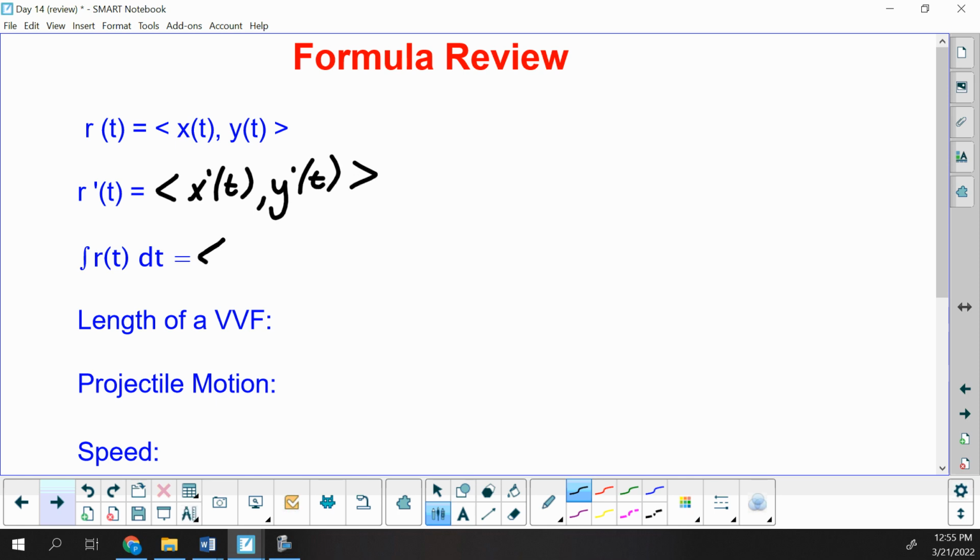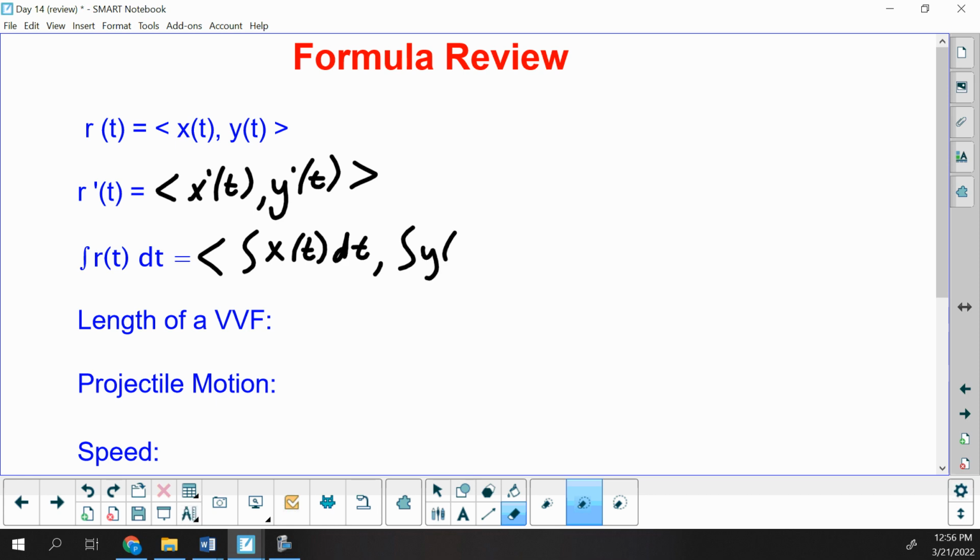If you're doing the integral, you just do the integral of each part. Just keep in mind when doing those integrals, a lot of times you have to resolve your plus c.